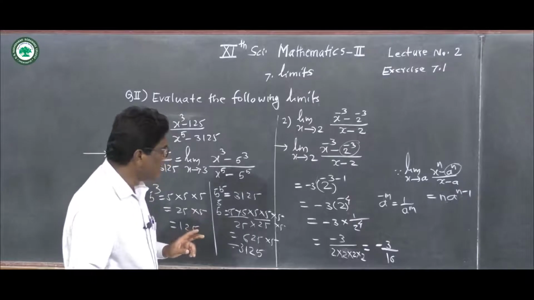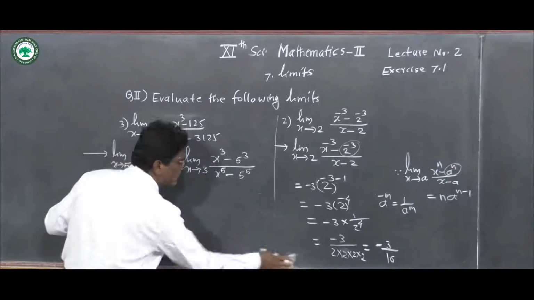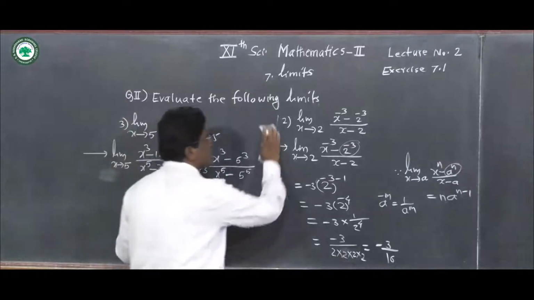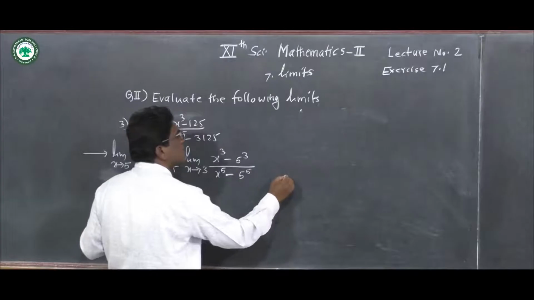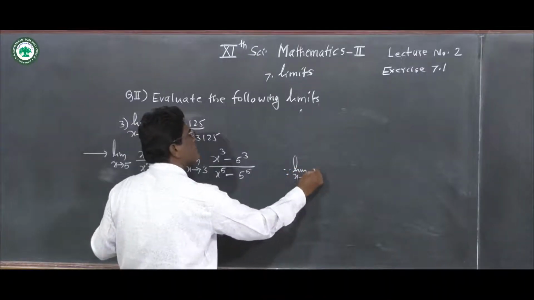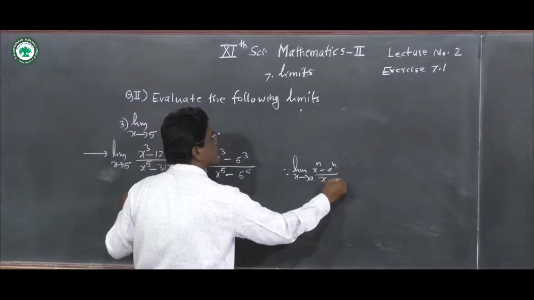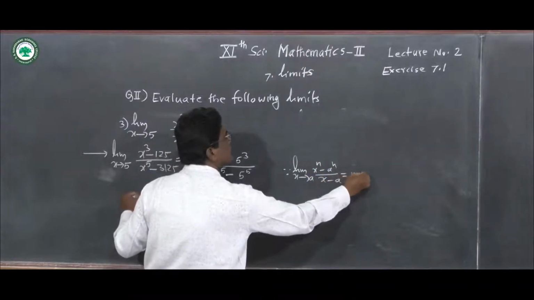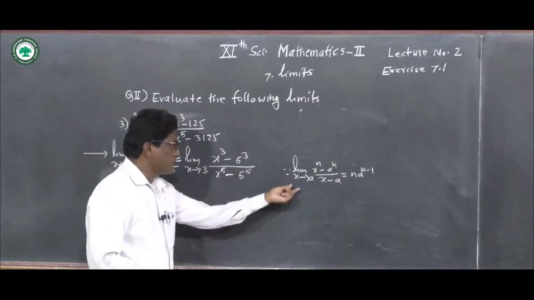And now we have a formula. Which formula? Limit as x tends to a of (x to the power n minus a to the power n) divided by (x minus a) is equal to n into a to the power n minus 1. We have to use this formula.